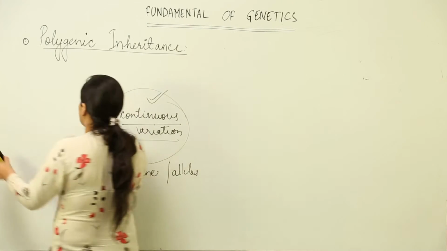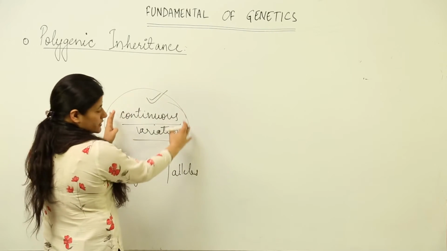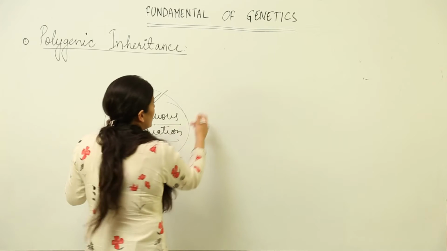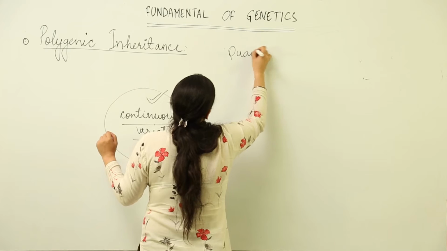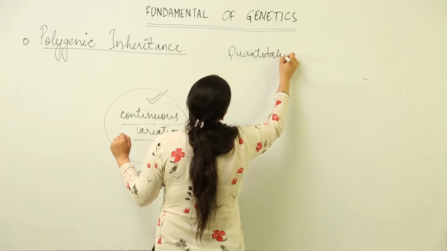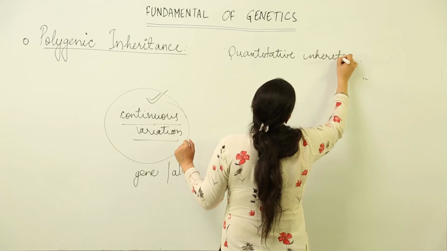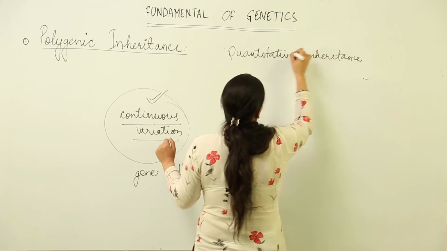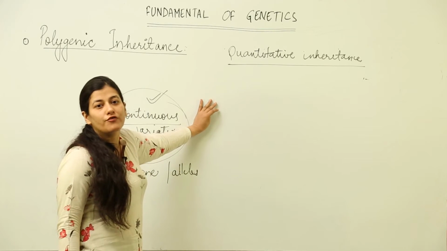Before we study polygenic inheritance, we have to see that this continuous variation occurs as a result of quantitative inheritance, where the number of alleles present determines the expression of phenotype.